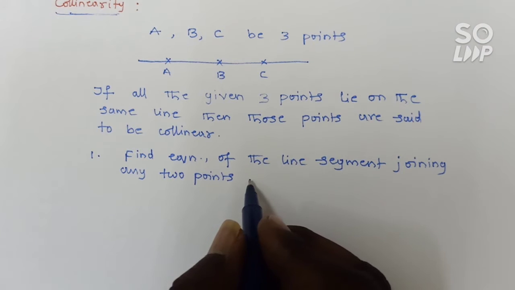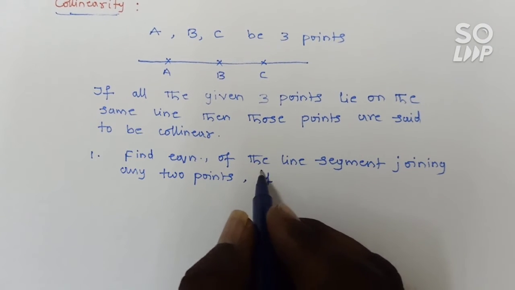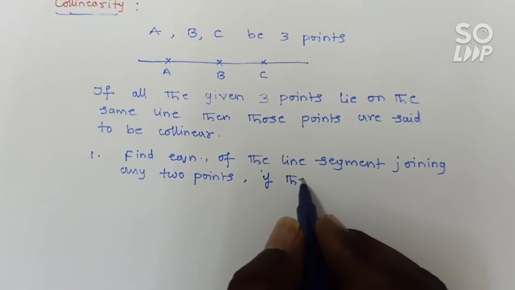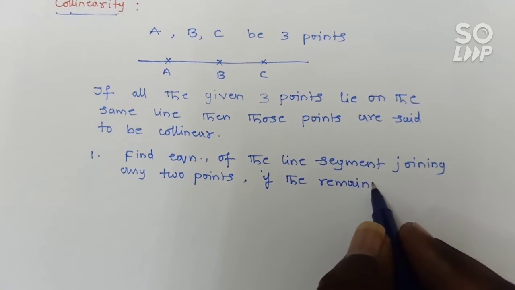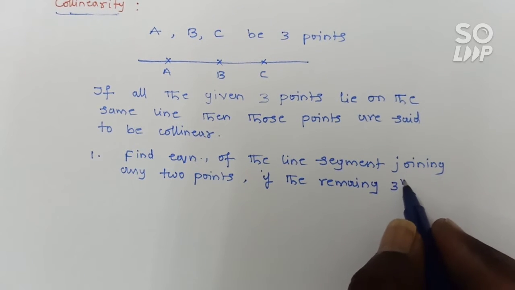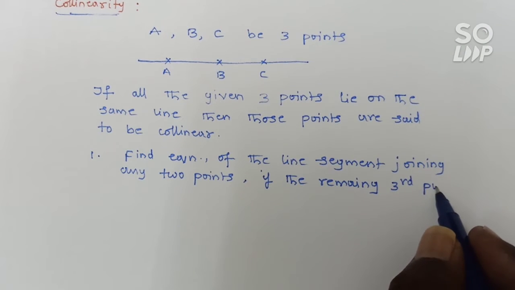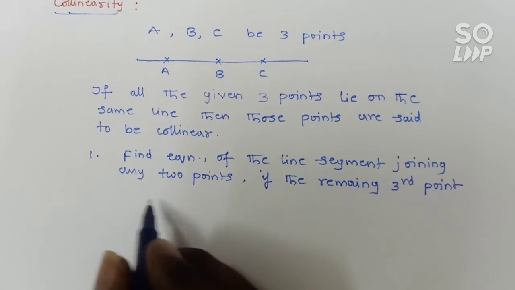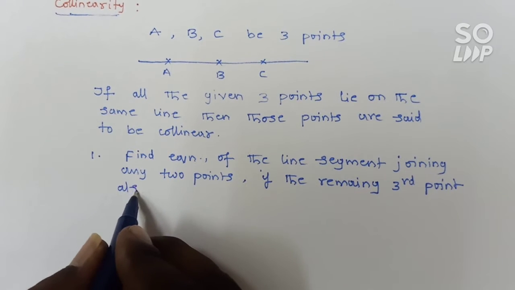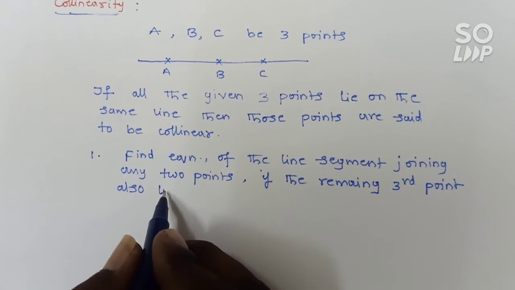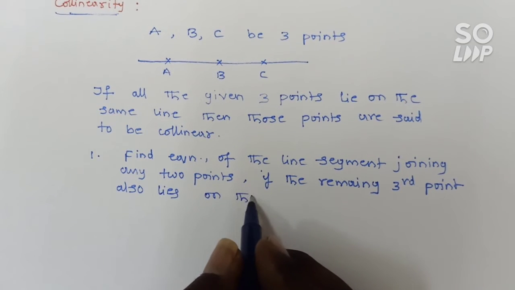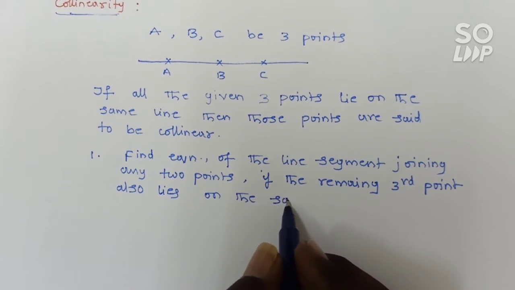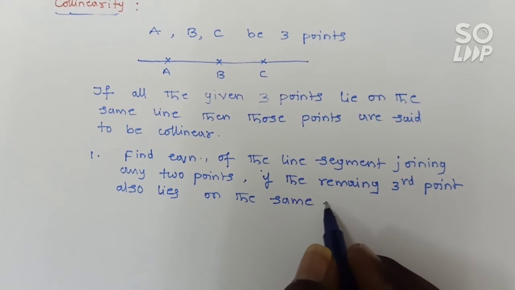If the remaining third point also lies on the same line, then the points are collinear. So this is the first method.